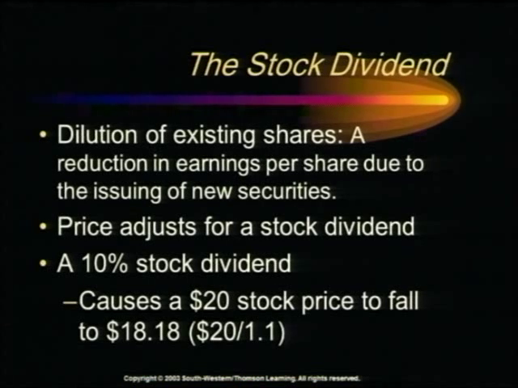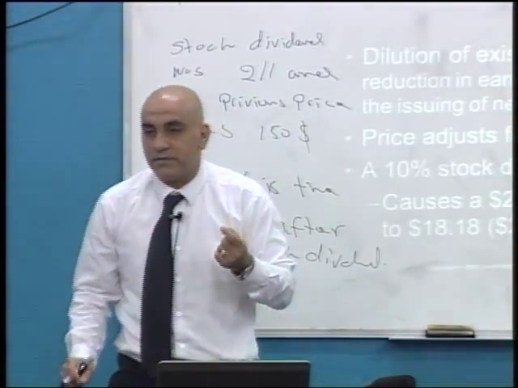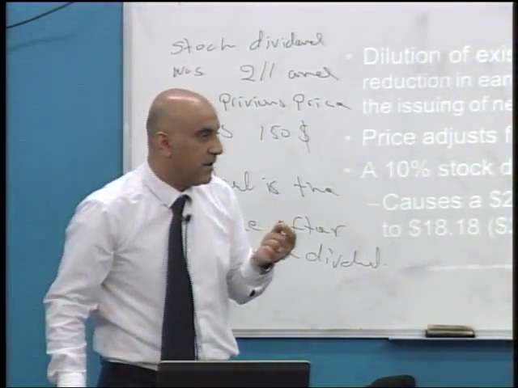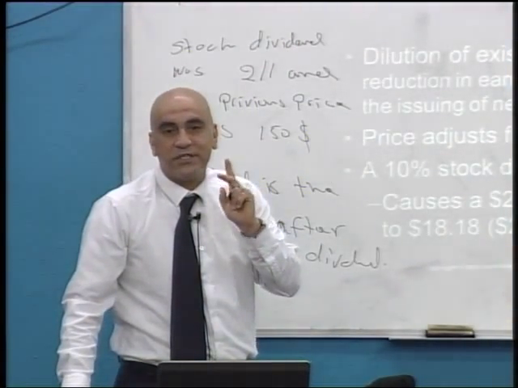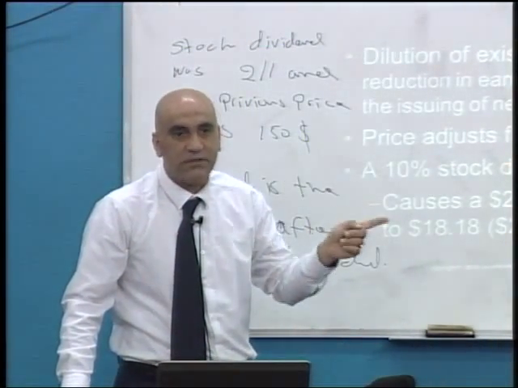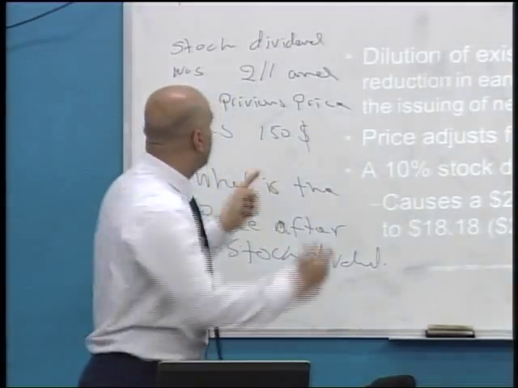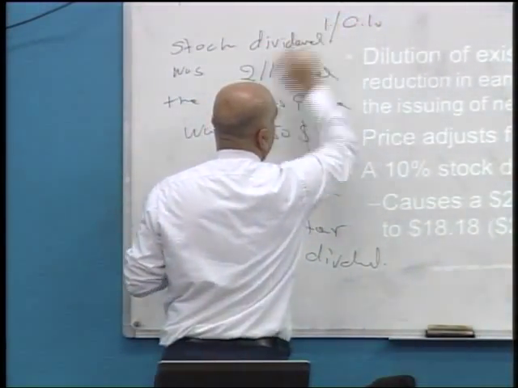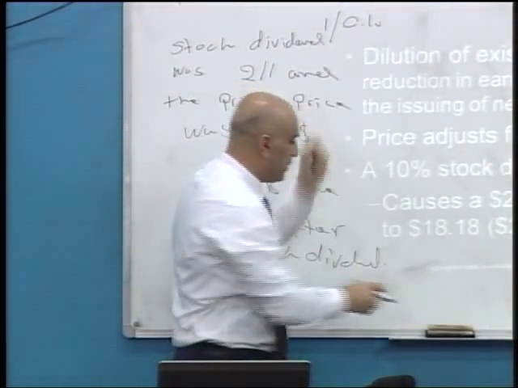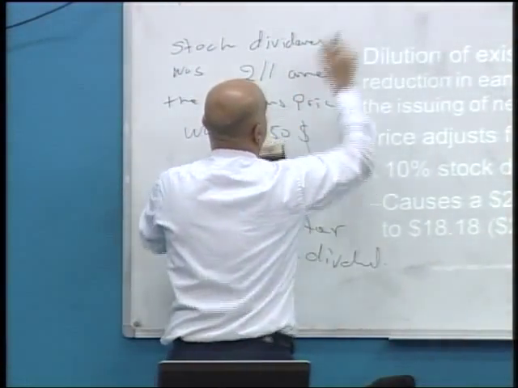Okay, so in the previous example, we have 10%. What does 10% mean? It means each 10 stocks receive one stock, which is like this: 0.10 to 1, or 1 to 0.10.